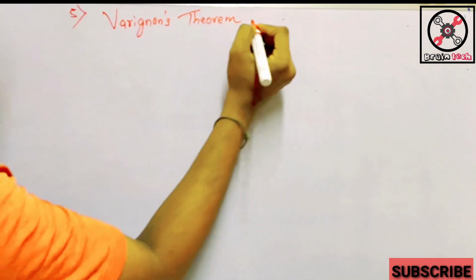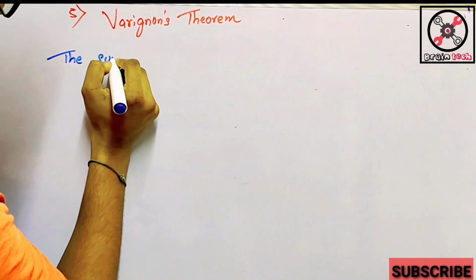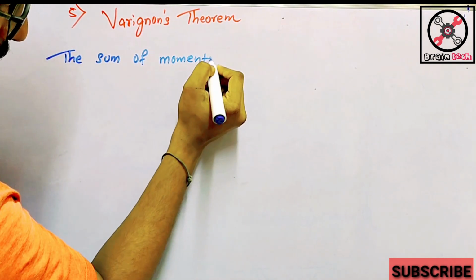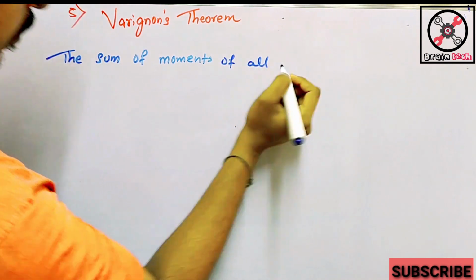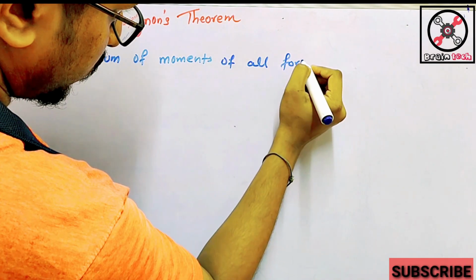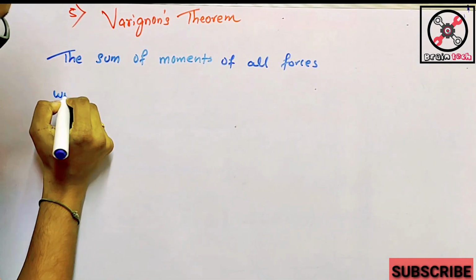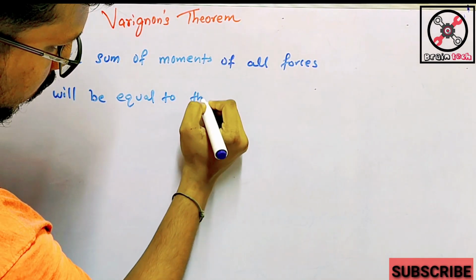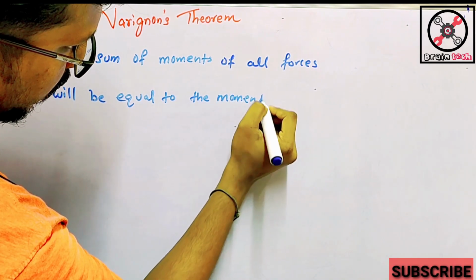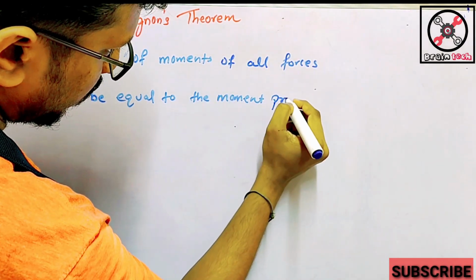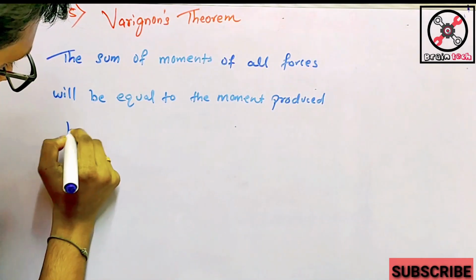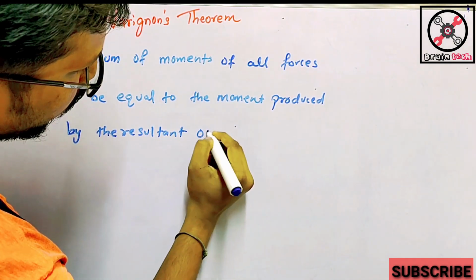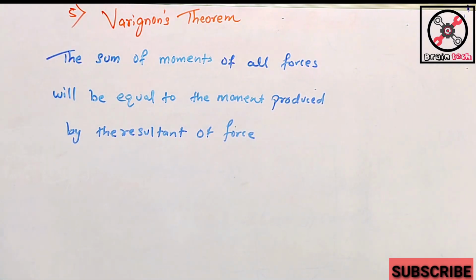It says the sum of moments of all forces will be equal to the moment produced by the resultant of force. Now what does that mean?